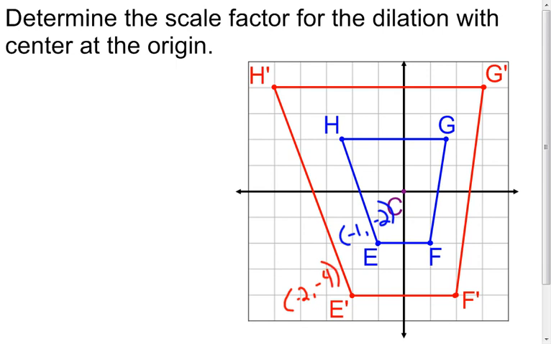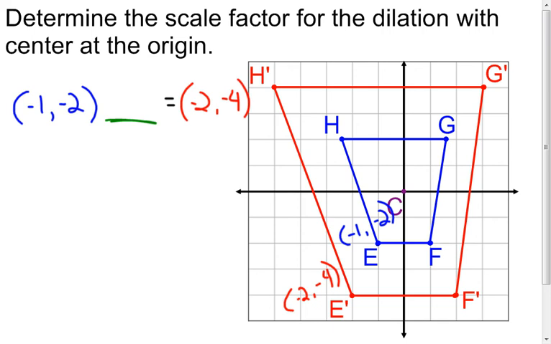Remember, the scale factor is what do I have to multiply essentially these coordinates by? (-1, -2). So what am I going to multiply that by to get me to my image, which is at (-2, -4)?